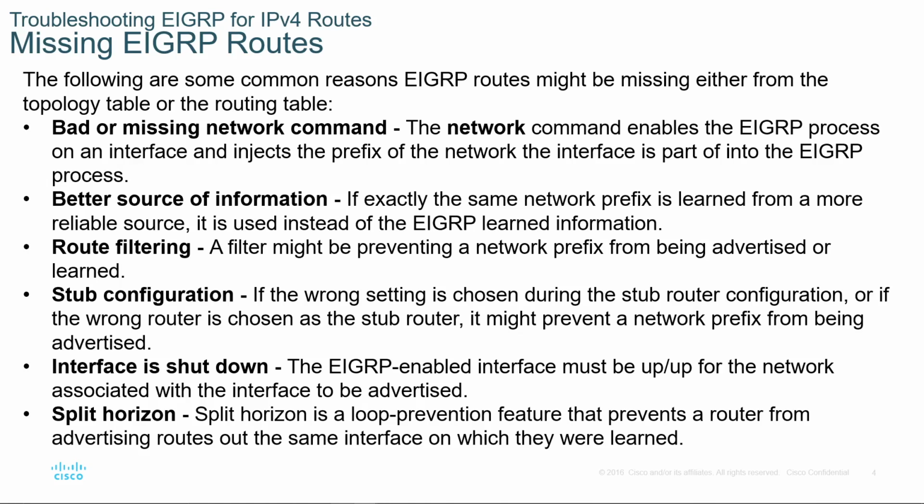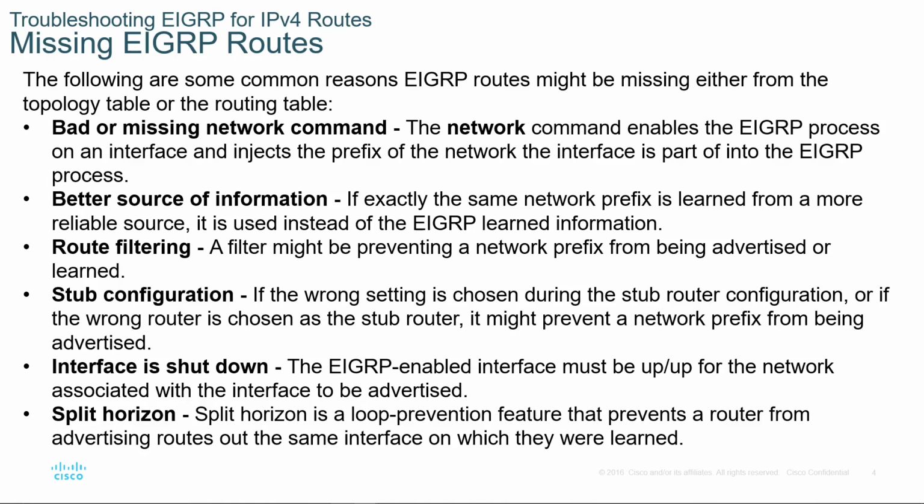So the common areas that cause issues with EIGRP is missing or bad network commands. Now, if you cast your mind back, under the EIGRP process, we need to identify the networks that are actively participating within the process, and we do this via network commands.